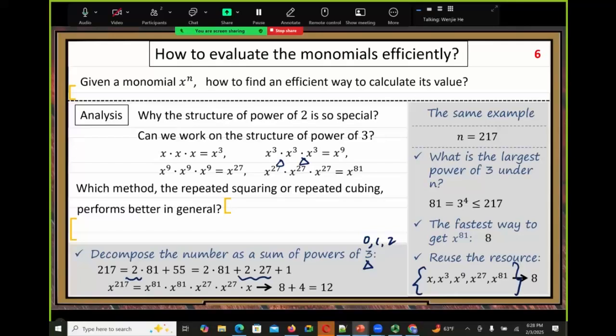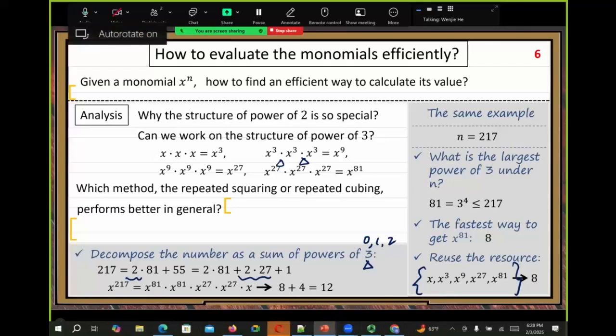Here, let me give you a simple example because I want to convince you. Let's calculate x to the 15th.